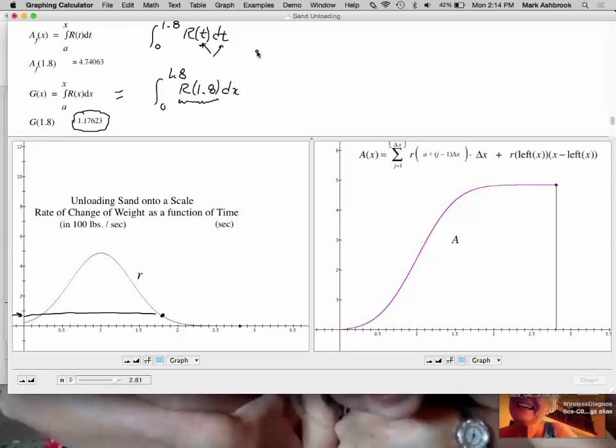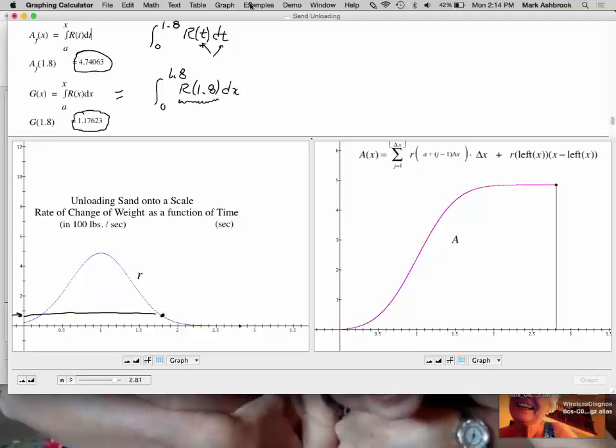We still need it to be the rate function from 0 to 1.8, not a constant rate of R of 1.8. And that's what you would get if you did R of x dx. So this reflects the actual rate function changing according to the profile of the rate as x changes from 0 to 1.8. That's why we need a different variable there.